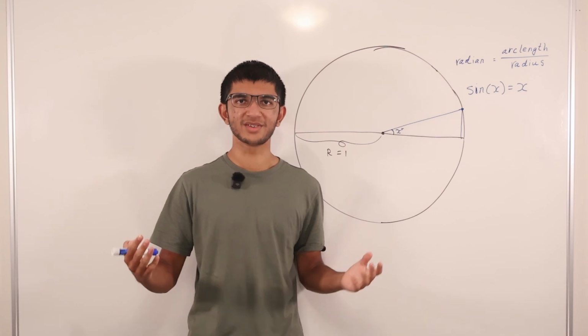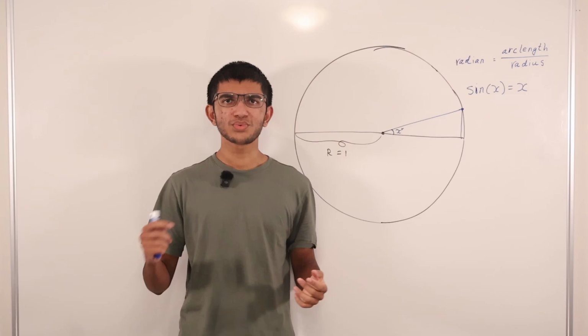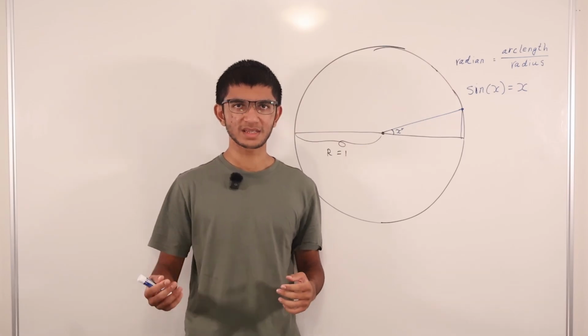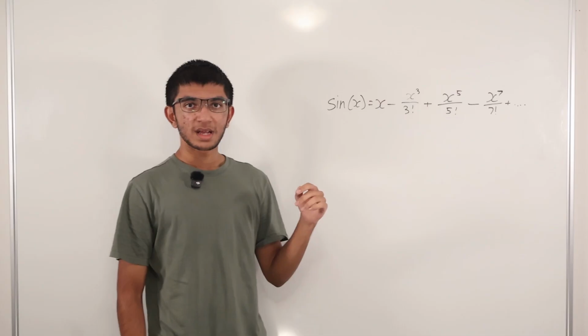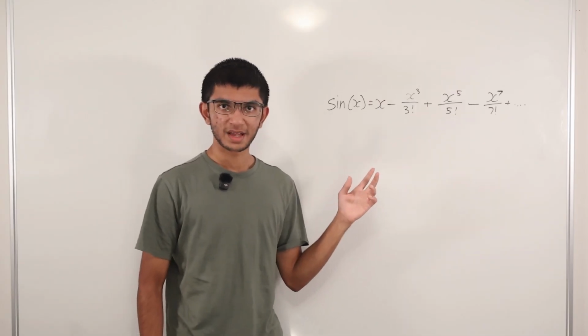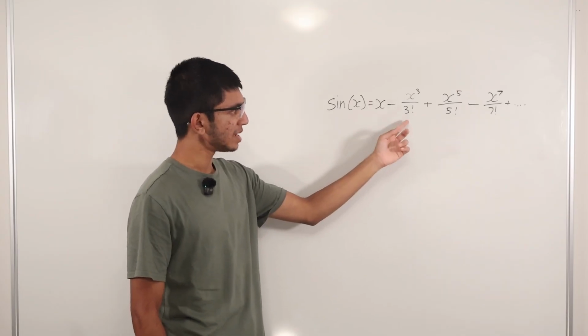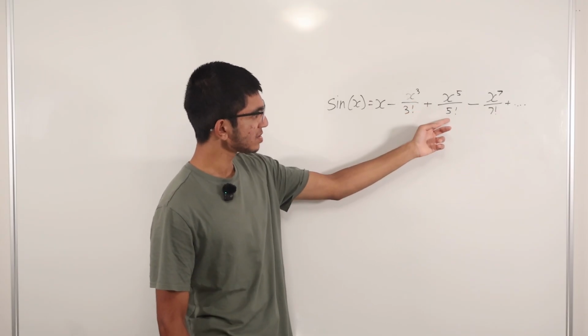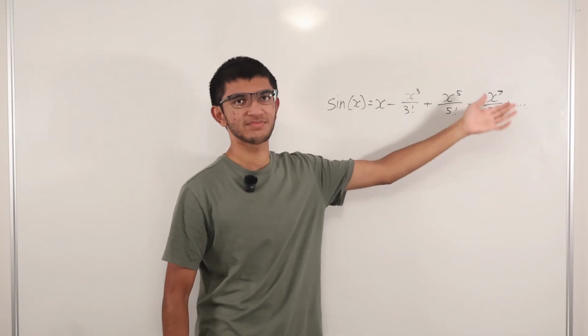So Madhava added a correction, then another, and another. Each one fixed the error from the last. This is what he discovered, in modern terms, an infinite series. You first start with x, then subtract a small amount, and add another smaller amount, and subtract another smaller amount, and add and subtract, and so on.